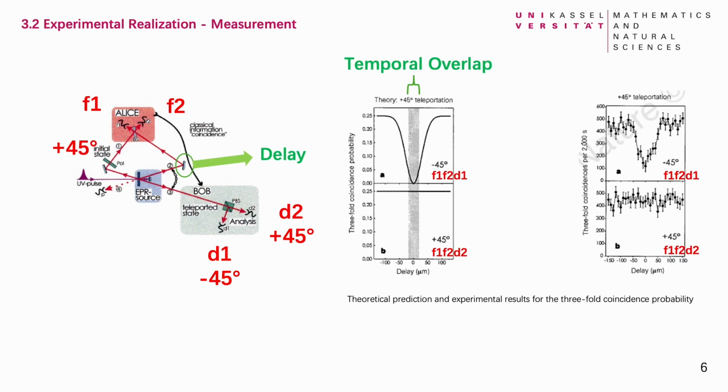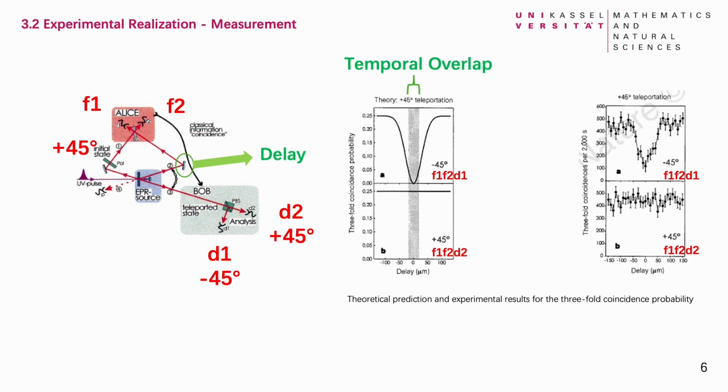Adjust the mirror to change the path length difference, which can be referred to as delay. These 2 pictures are the theoretical prediction and experimental results for the threefold coincidence probability. The upper 2 pictures mean F1, F2, D1 detector clicks. The lower 2 pictures are F1, F2, D2 clicks.